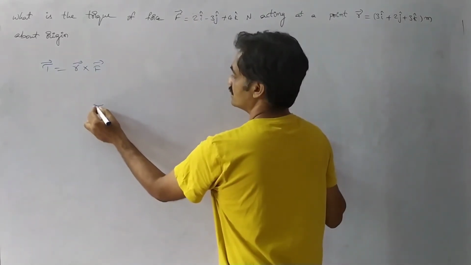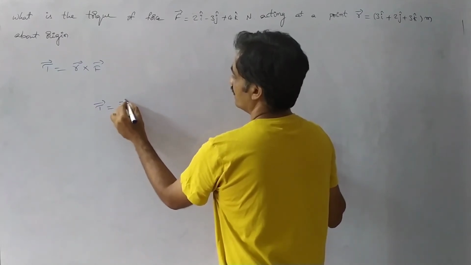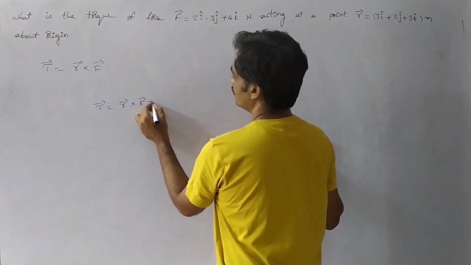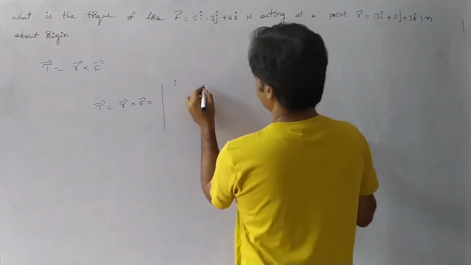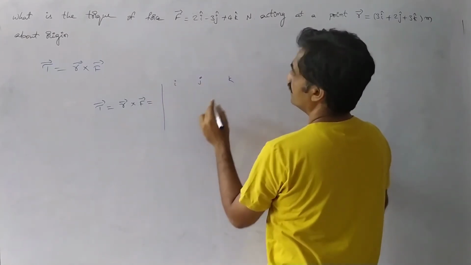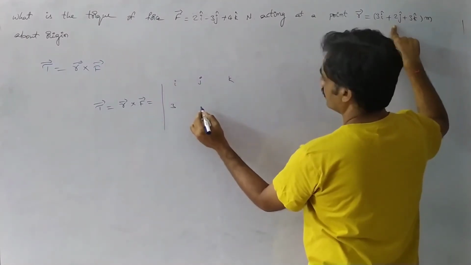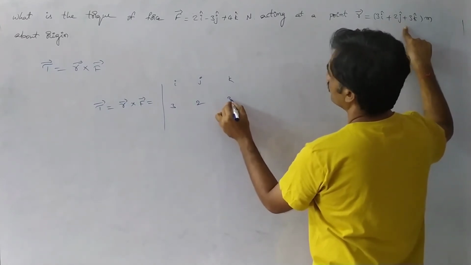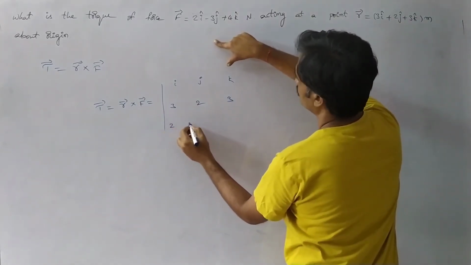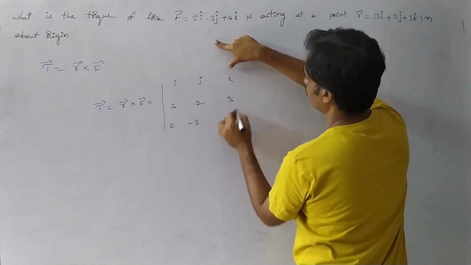Then the torque = r bar cross F bar = determinant of i j k, position 3, 2, 3, and force 2, -3, 4.